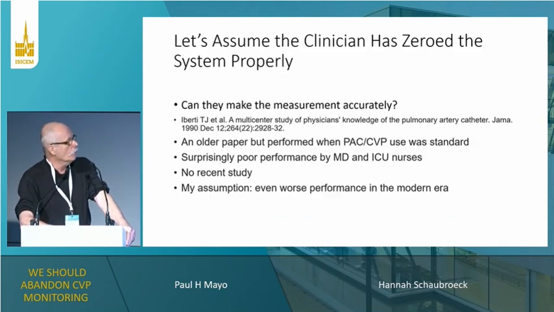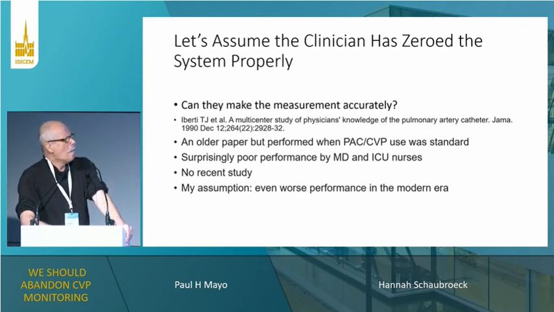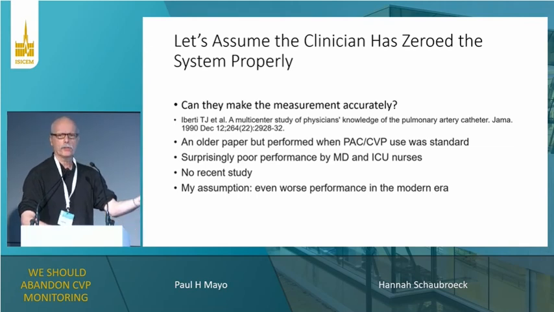So let's assume that the clinician has actually zeroed the system properly, that they think the catheter is where the zero point was, that they've decided we're actually going to print it out.